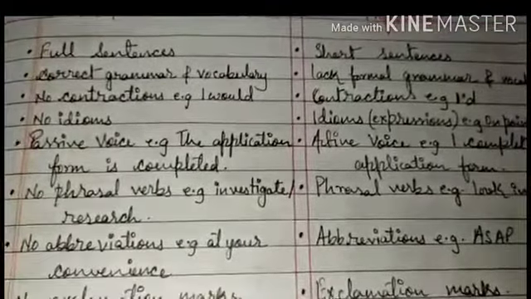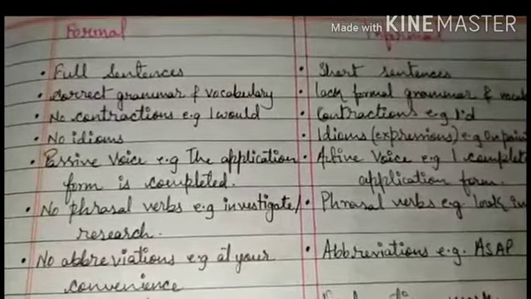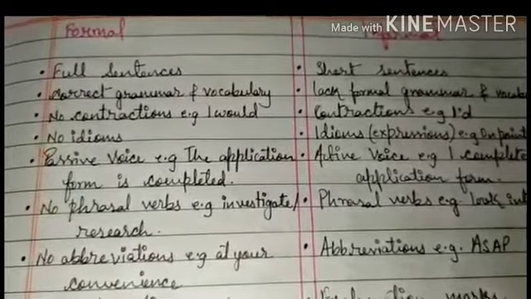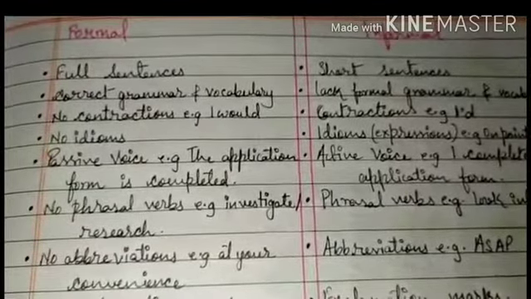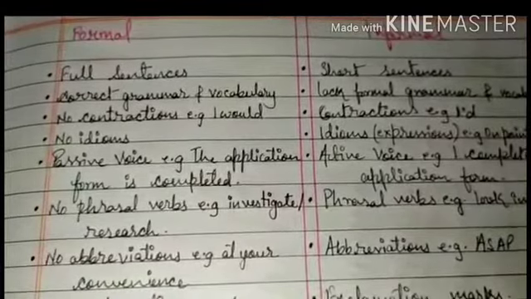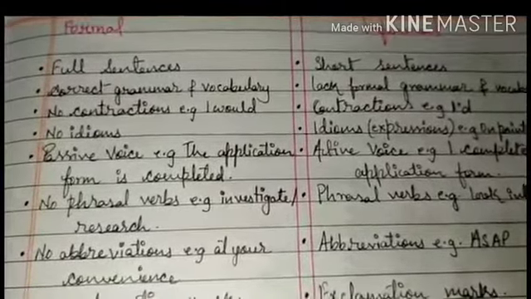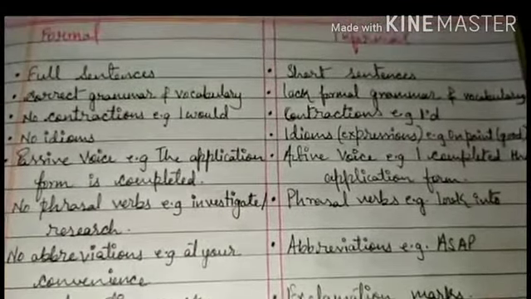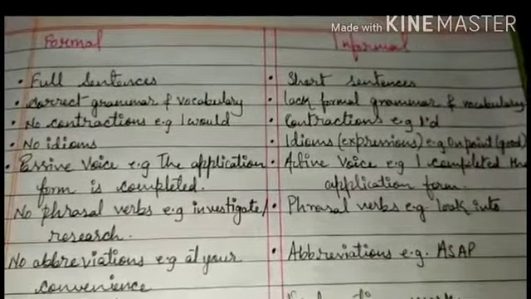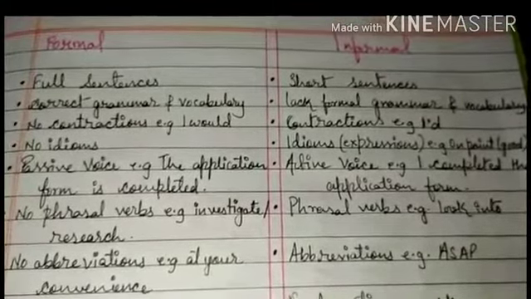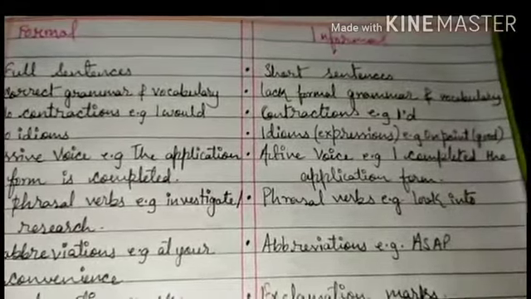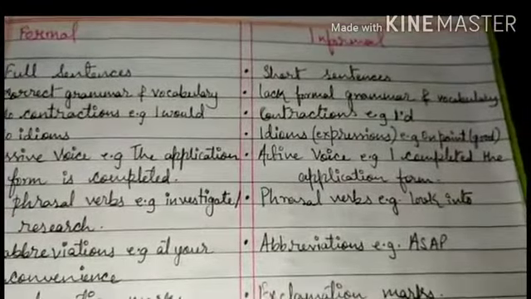Next here you can see, you cannot use idioms in formal. Please don't get confused when I say informal. In informal you can see idioms, expressions, for example, on point.